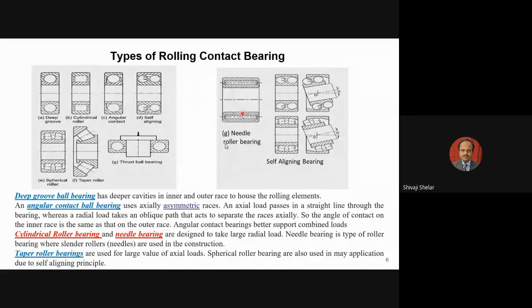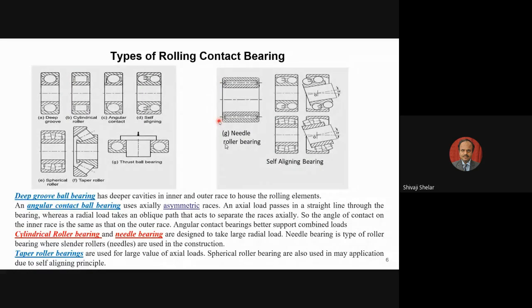If you require a larger capacity bearing, then you have to use a larger roller diameter, which increases this diameter. And if there is a constraint on increasing this diameter, then you can go for needle roller bearing, and you can increase the length to take care of more support, and you can keep this diameter the same and take care of that load.